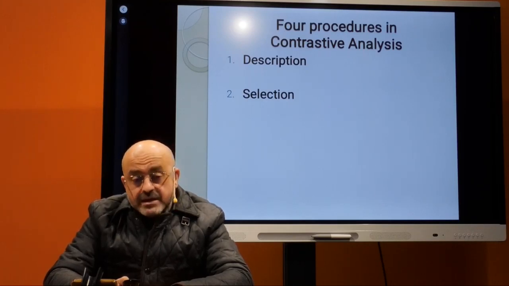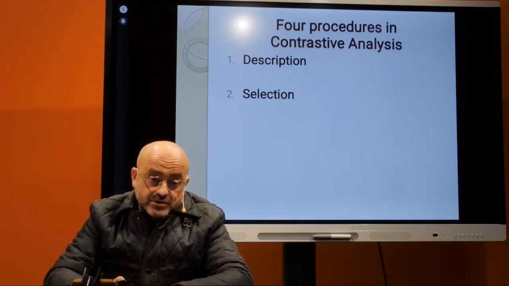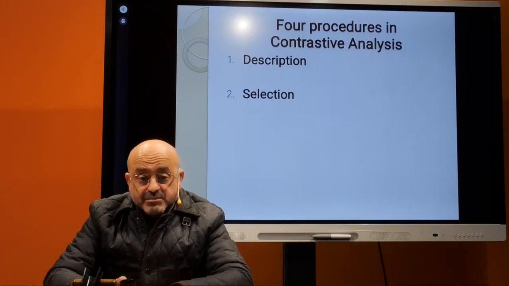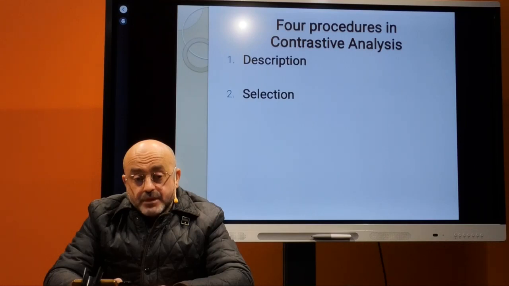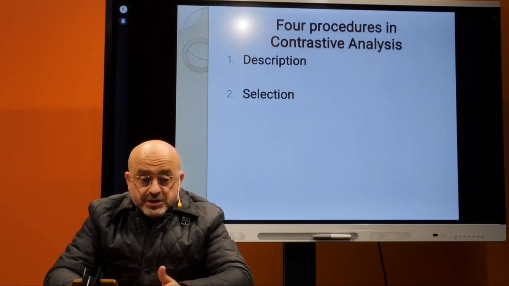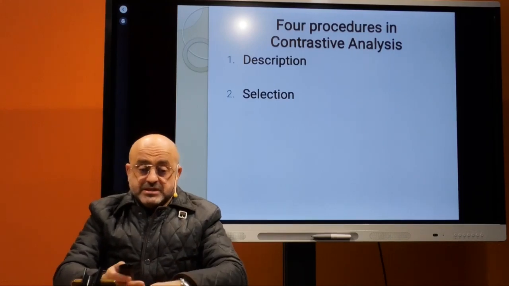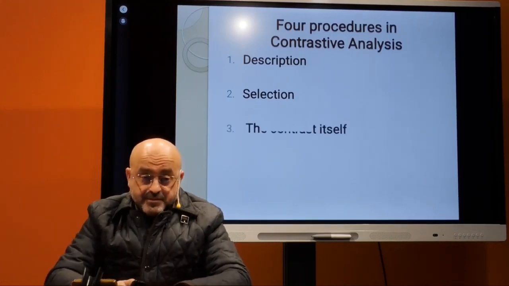That's why selection is a must. We need to select some aspects of language, as I did in the previous example. For example, we can compare the phonemic inventory of the 2 languages, which is a little bit easier than comparing all aspects of language, which is nearly impossible.